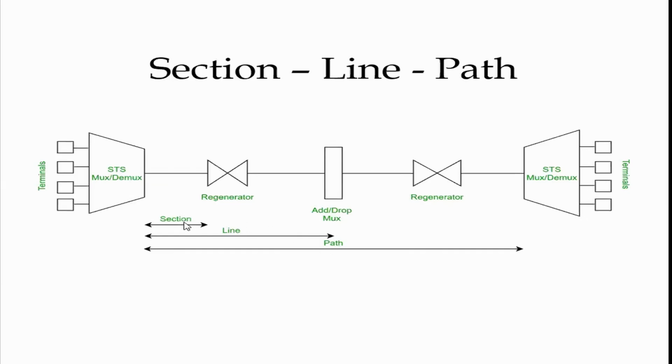So I repeat, the section includes your transmitter unit and the immediate next section, the regenerator. The line spans between the transmitter side and your add drop multiplexer. And the units included between transmitter and receiver are called the optical path. So the entire path is your optical path.